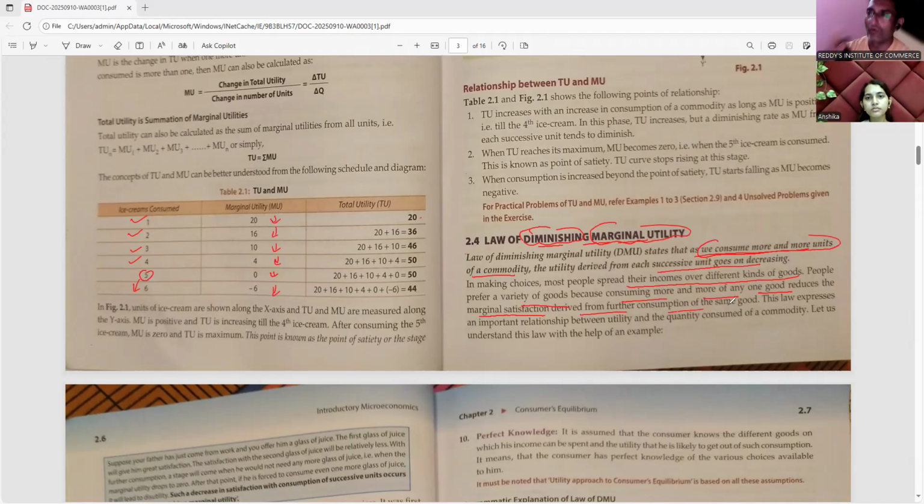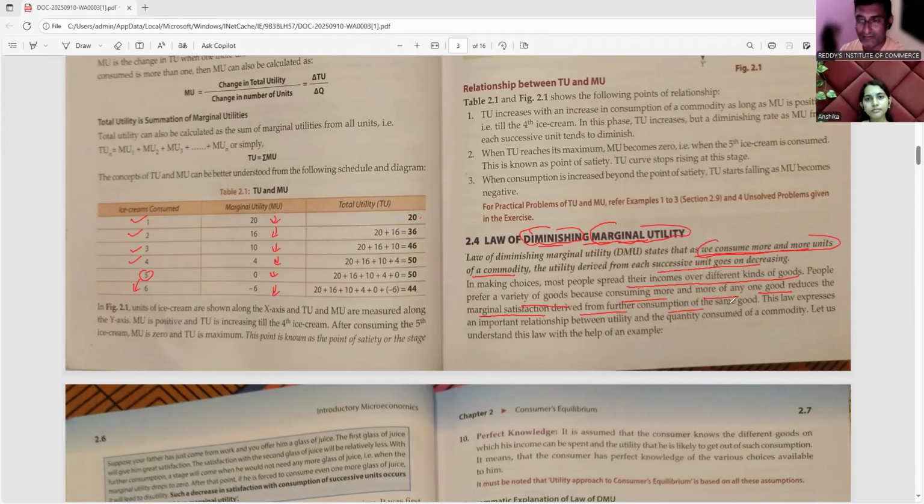You will try cold coffee. Day after tomorrow, what will you try? You will try hot coffee, or any ice cream, or chocolate. It means you are trying to spread your income over buying different commodities rather than the same commodity. Because if you consume the same goods the maximum number of times, after a certain level your satisfaction will be finished.